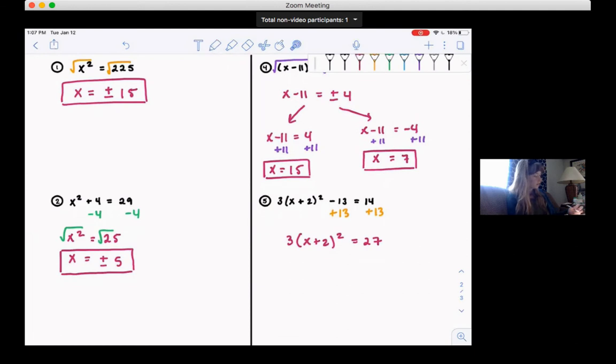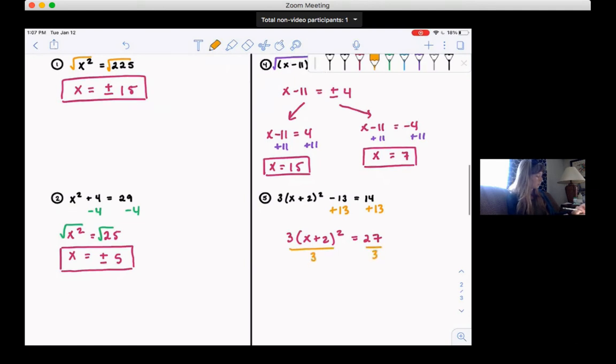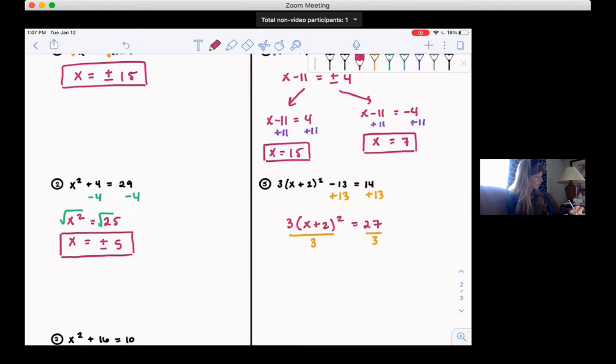Okay, then we need to get rid of the 3. So it's times 3, so we can get rid of it by dividing by 3. That will leave us with x plus 2 all squared equal to 27 over 3, which is 9.